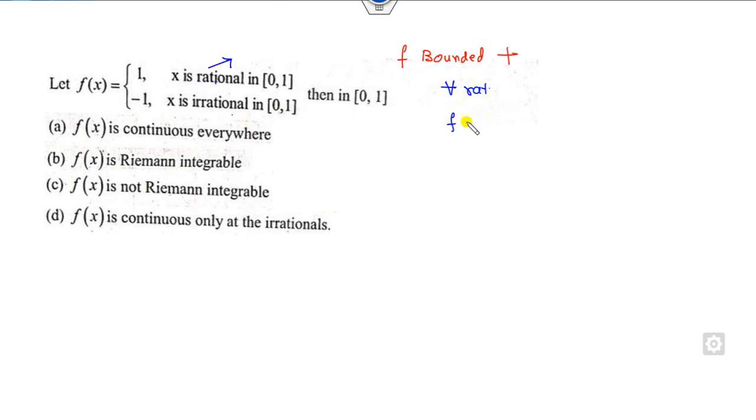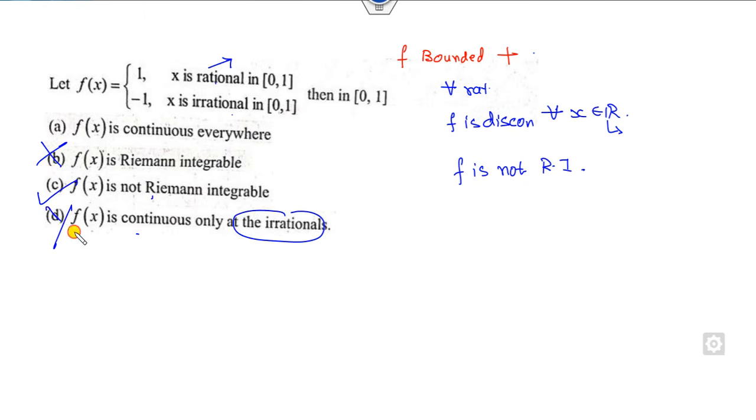It means the function is discontinuous for all x in the real. So again it's uncountable, so this is my f is not Riemann integrable. F is Riemann integrable, cancel. F is continuous only at the irrational, cancel, continuous everywhere, cancel. C is my correct answer.